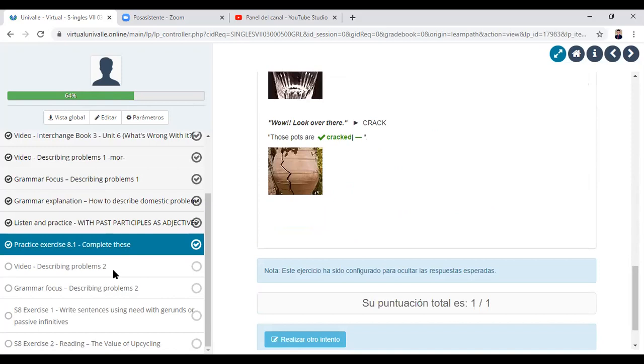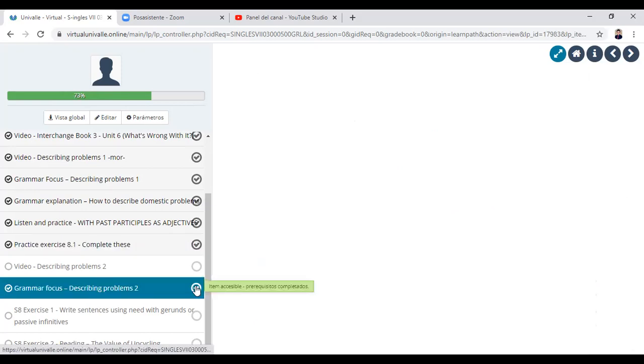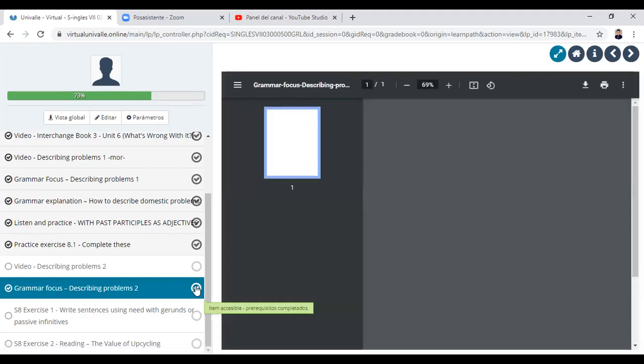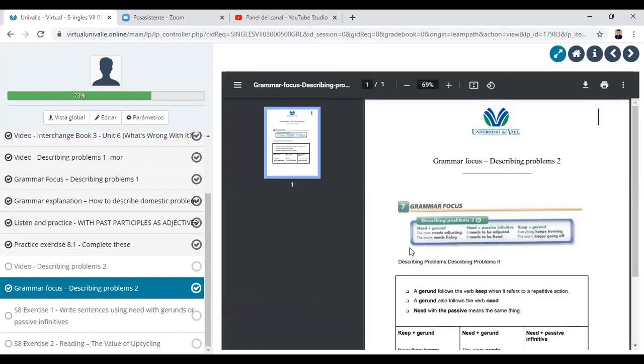Now we're going to focus on describing problems number two. We have our grammar explanation.